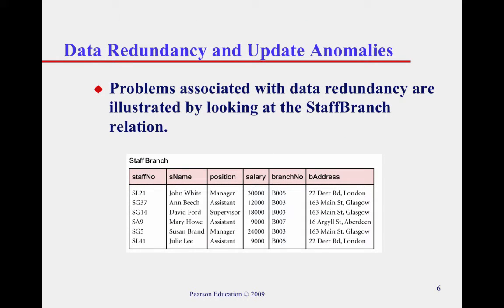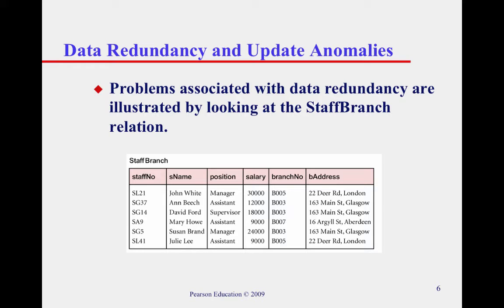But before we get to that, I basically want to look at the three kinds of anomalies you can get if you have redundant information. So this is that staff branch relation I was talking about. Thus far, you've seen it as two separate relations, a staff relation and a branch relation.